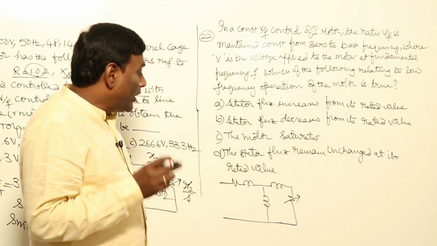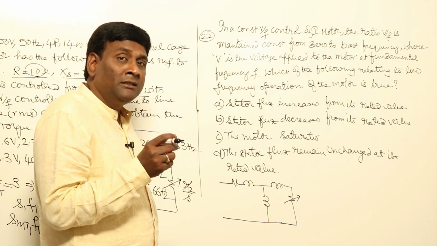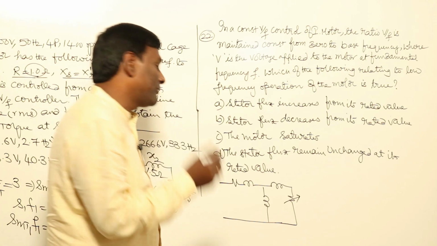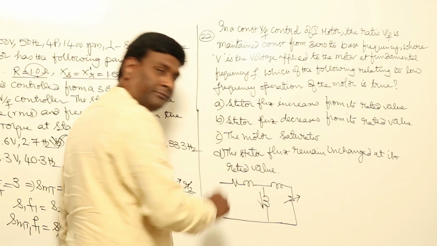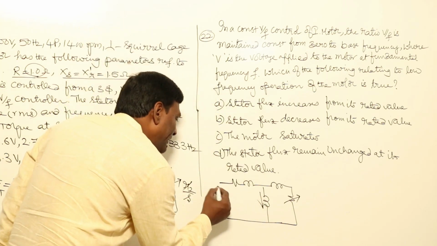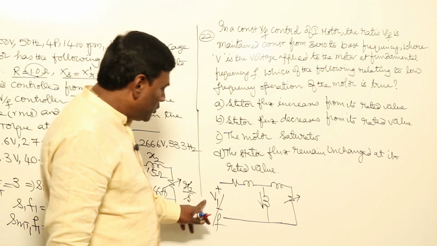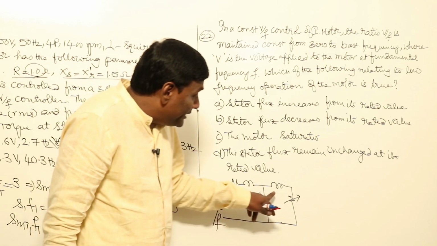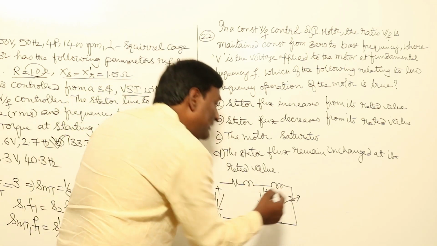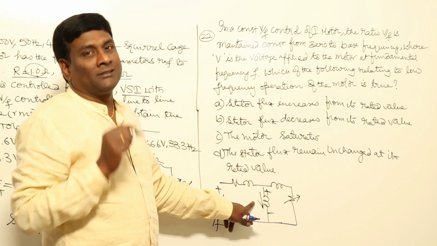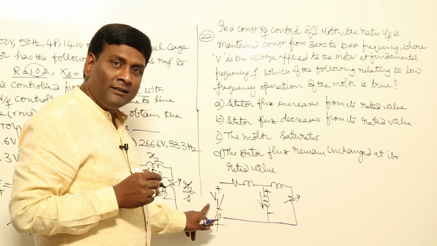In which branch is the current that sets up the flux? This one. If you maintain V1 by F constant, that does not mean that E1 by F is constant. If you maintain the voltage across this branch constant, the flux will automatically be constant.